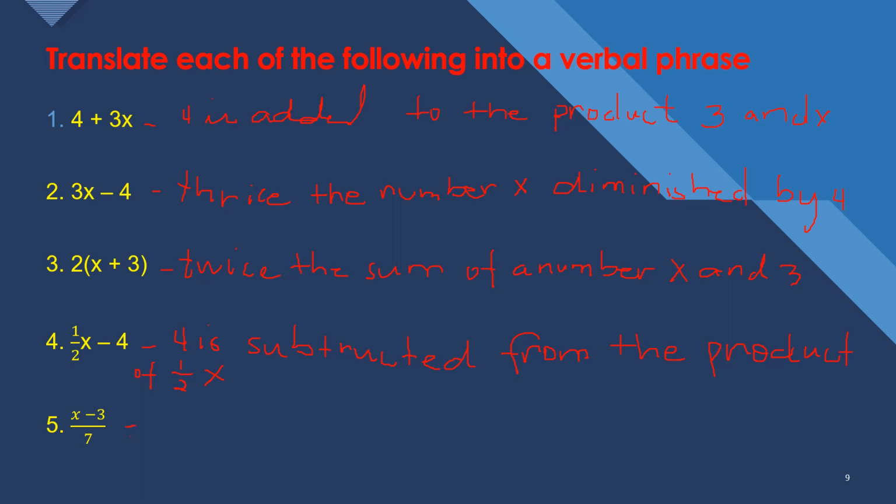So here, we can say that x, I'll write it down, or I'll just say it. So x minus 3 divided by 4, or the quotient of this, or the difference between a number x and 3 divided by 7. So it depends on how you're going to interpret this in words.